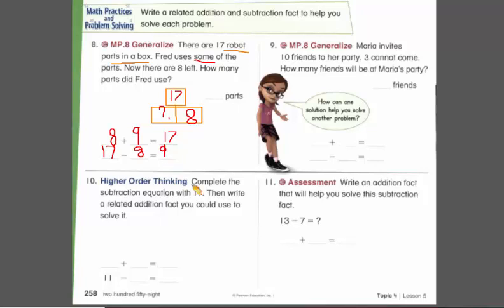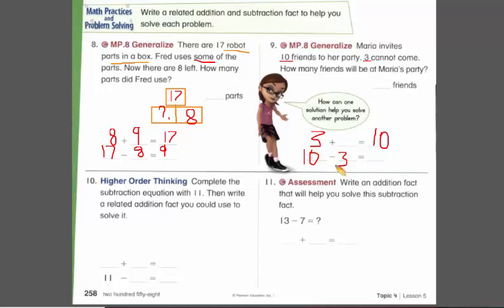One more time. Maria invites 10 friends to her party. 3 can't come. So again, how many friends altogether did she invite? She invited 10. So where will you put 10? I know 10 is the sum of the addition equation, and 10 is the whole, the greater number in the subtraction equation. 3 can't come, so I know that one part is 3.